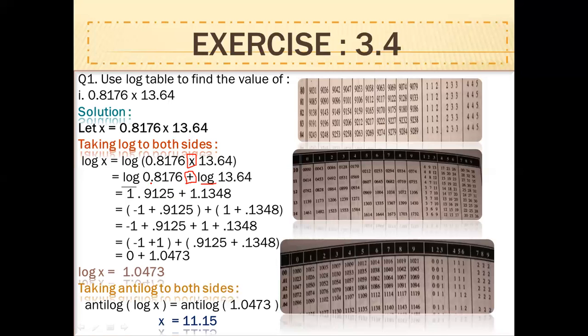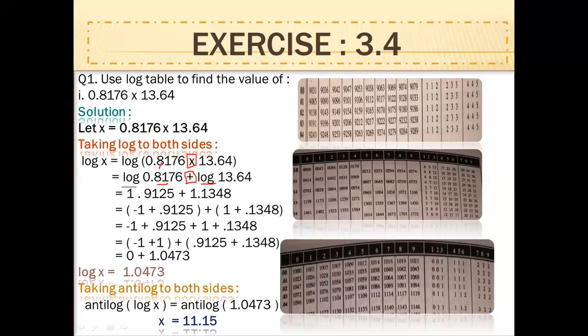Now the procedure is the same that we adopted in 3.2, and I told you that first you convert the number into scientific notation, and the power of 10 will be the characteristic of the given number. In the same way we convert 0.8176 into scientific notation and we get the power of 10 as minus 1. And now it is the turn to check the number in the log table.